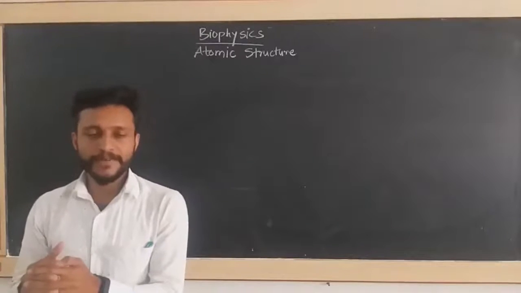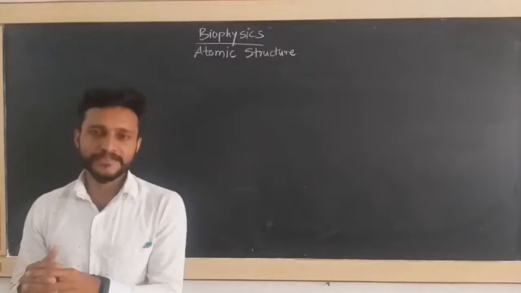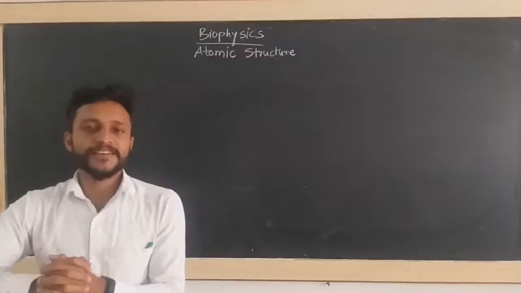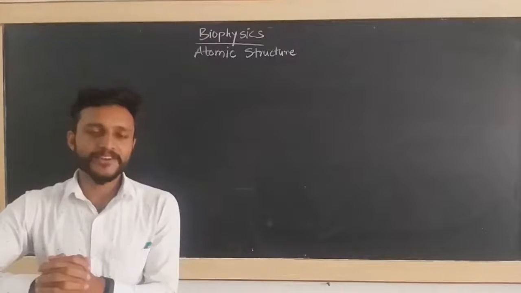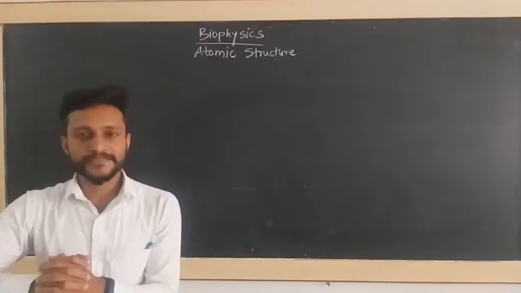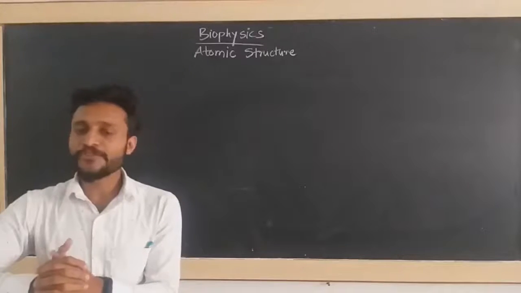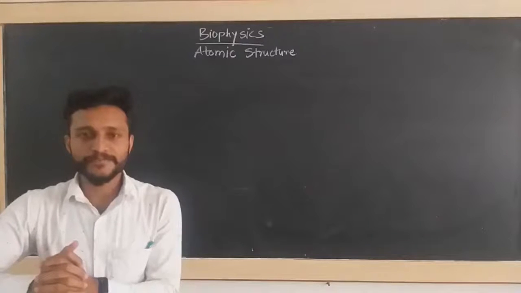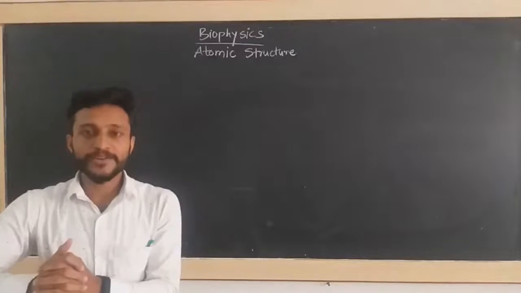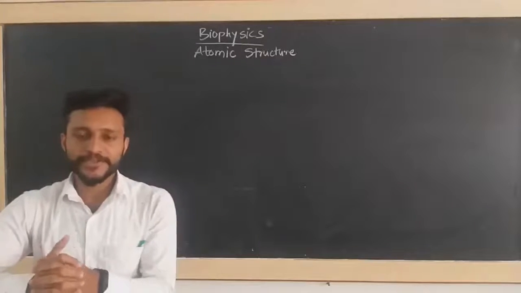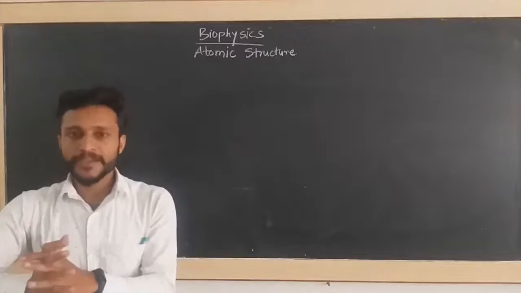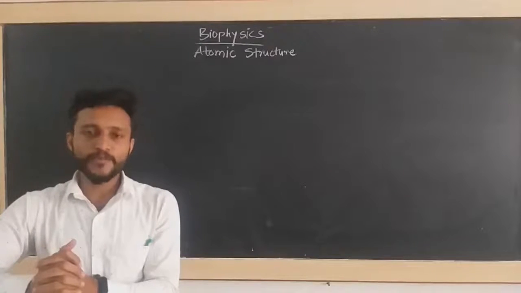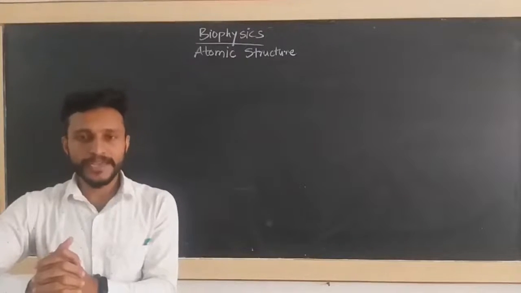Course, Biophysics and Instrumentations. In the previous lecture, we started to discuss atomic structure. We started with the history of the atom and saw the various atomic models along with their drawbacks and failures. Among them, Bohr's atomic model is the most preferable and most acceptable model.